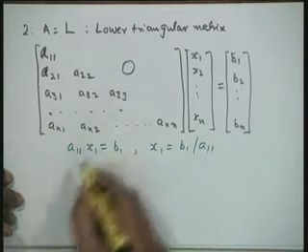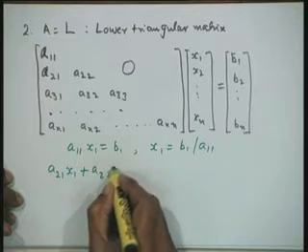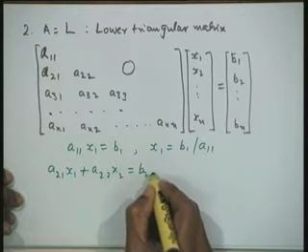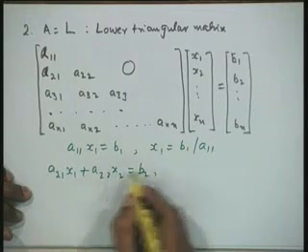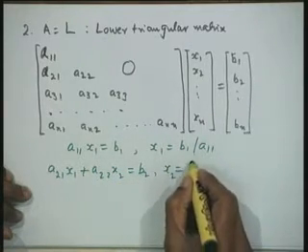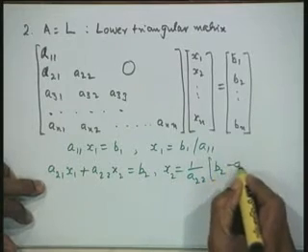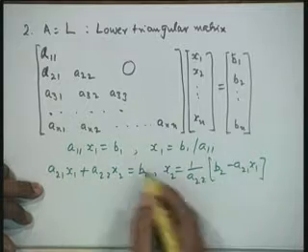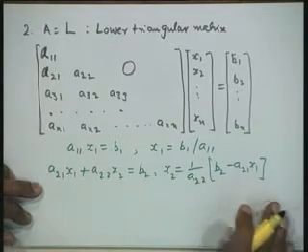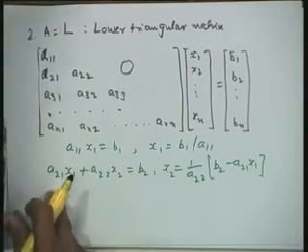Then I can take the second equation, that is a21 x1 plus a22 x2 is equal to b2. Therefore, x1 is known, so it goes to the right hand side, and x2 will immediately be determined. x2 is 1 upon a22 of b2 minus a21 x1. So, I can take this a21 x1 to the right hand side, since it is known, and I can proceed the computation like this. Now, I can obtain the third unknown, and we can obtain the last unknown.